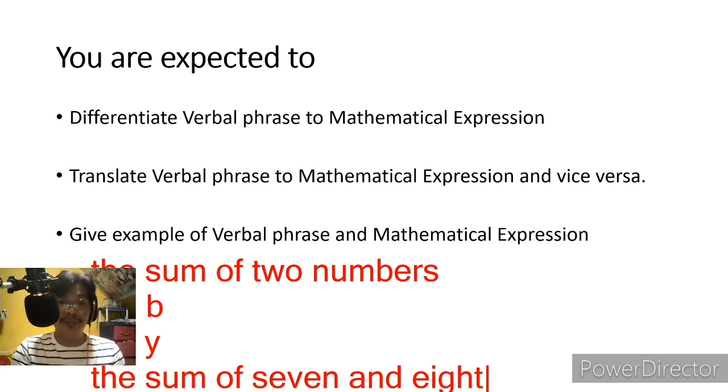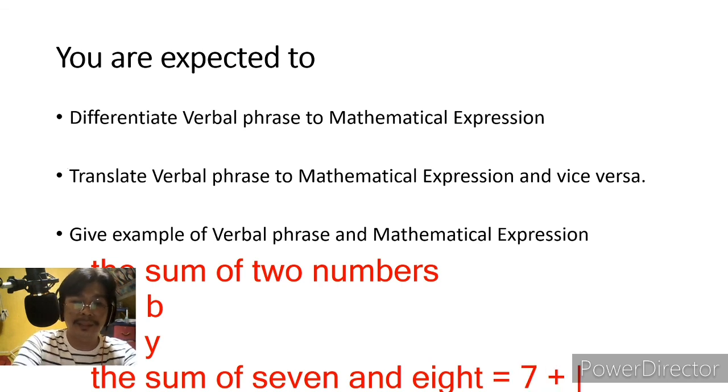We have the sum of 7 and 8, and we're not using variables because the numbers are indicated, that is 7 and also 8. We can write that the sum of 7 and 8 is equal to 7 plus 8. We are not using variables because the numbers are indicated.